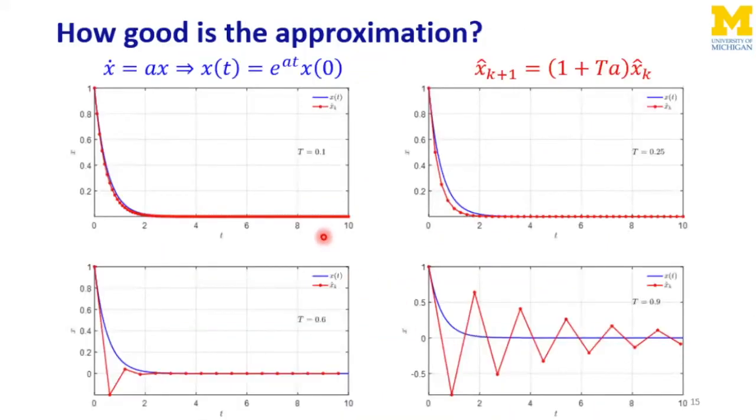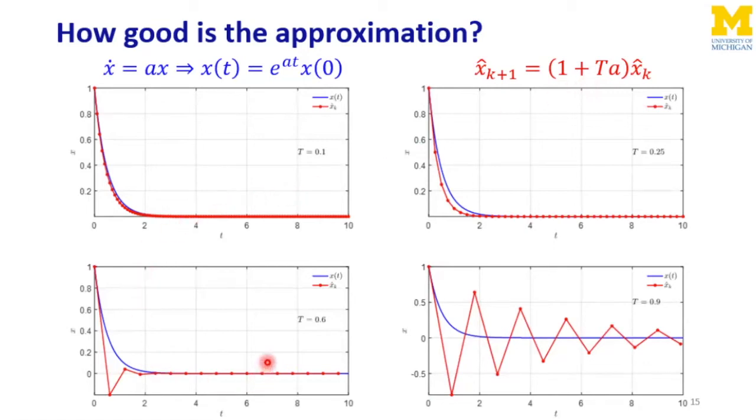To check that, we need to know what the true solution is. The true solution of x dot equals a x is very easy to compute. x is given by exponential of a t times the initial condition, and in all these 4 plots, the blue trace shows the true curve. The red solution is the discrete time system solution.